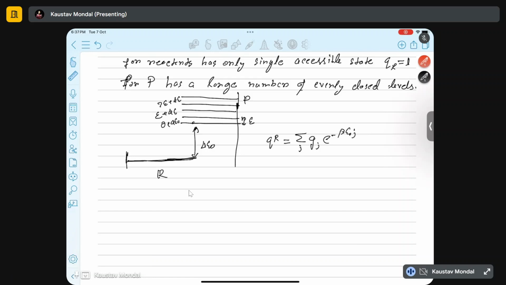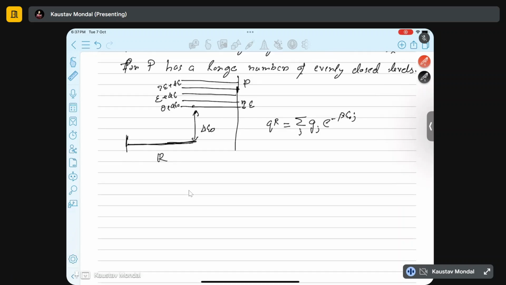This is the expression of the partition function for the reactant. Since there is only a single reactant level, this energy is at 0 level, so e to the power 0 equals 1, and QR is 1.